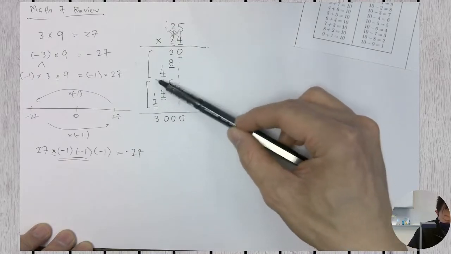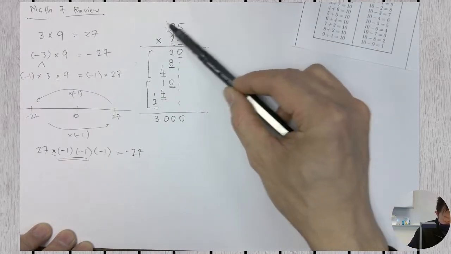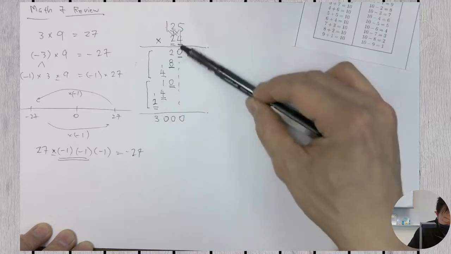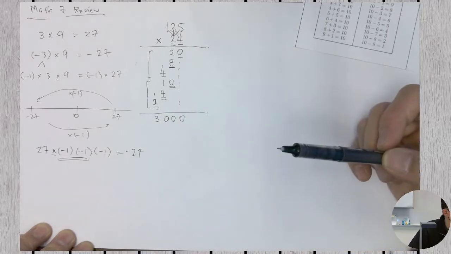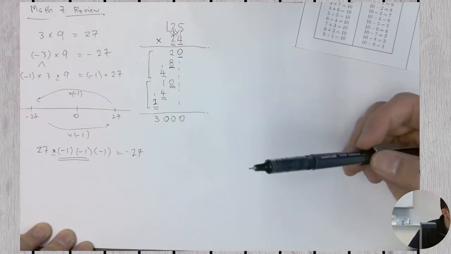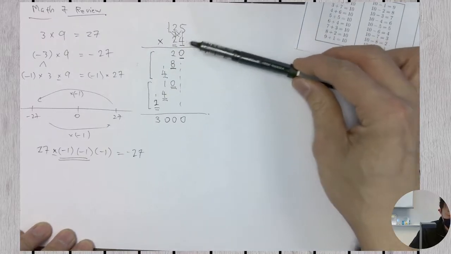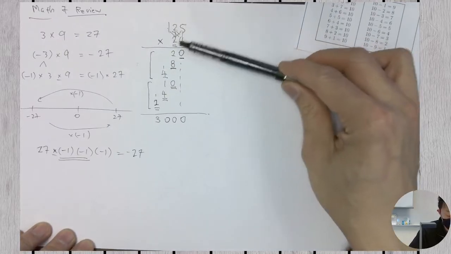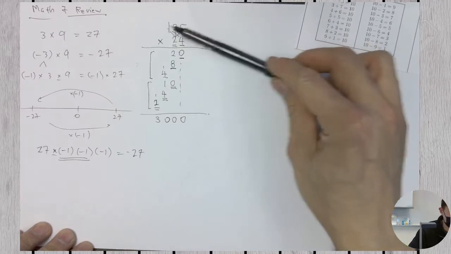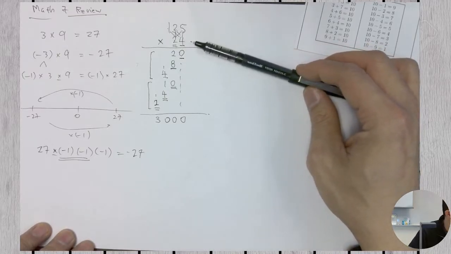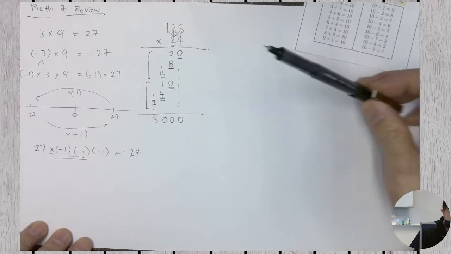So 250 would be the result of this 2 times 125. There we go. So this is the mechanic of multiplying a 3-digit number by a 2-digit number. You can swap the numbers with whatever, and this technique will still work.